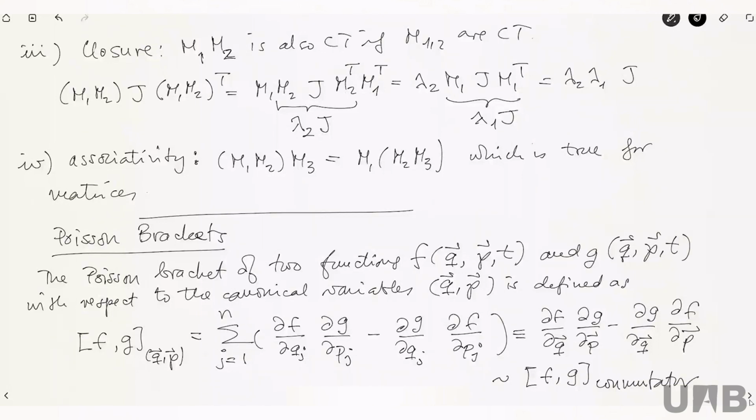Okay, now, given this definition, it's immediate to check that the Poisson bracket of Qi with Pj with respect to Q's and P's, so it's always necessary to specify this, of course, is going to be delta ij, right? It's going to be 1 if Q and P are the same canonically conjugate pair, and 0 if they are different, okay?